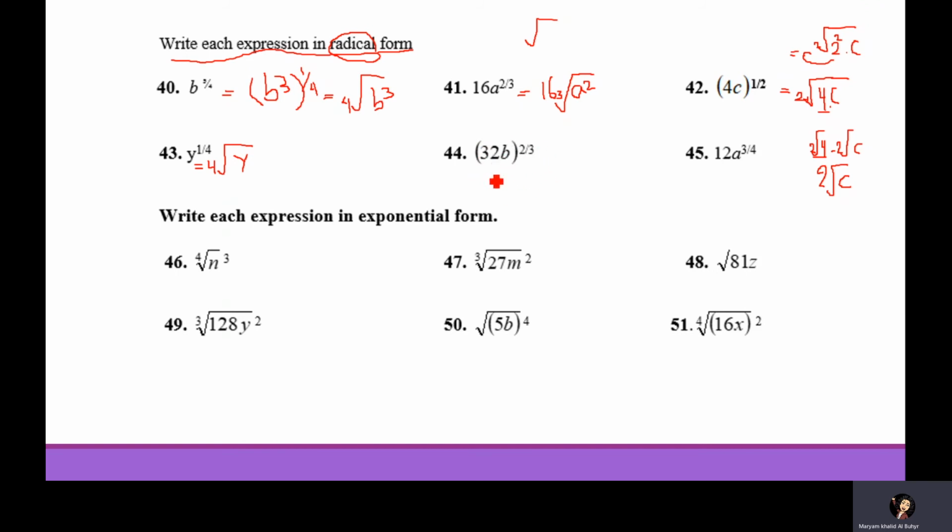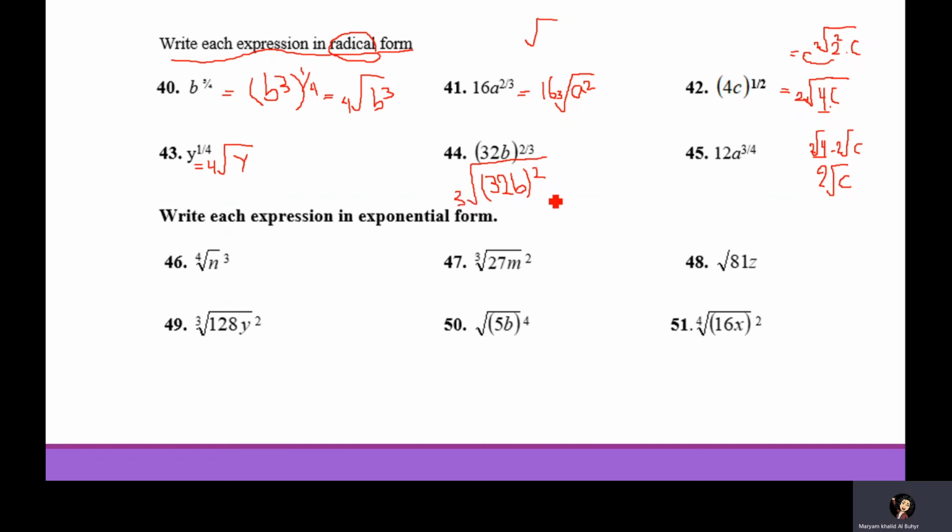Oh, here I must work. I have lots of things to do. So I have 32b, all this to the power 2, all this to the power the cubic root.